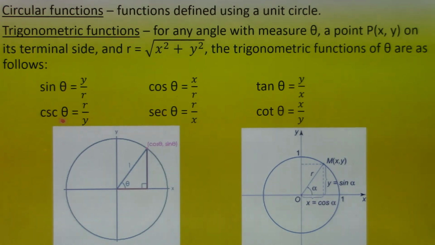The cosecant is the reciprocal of the sine, secant is the reciprocal of cosine. To help you remember that, think in terms of opposite. Tangent, cotangent, easy, they sound similar, they go together, they're reciprocals of each other. But when it gets to sine and cosine, think opposite of this. Sine and cosecant are reciprocals of each other, and cosine and secant are reciprocals of each other.